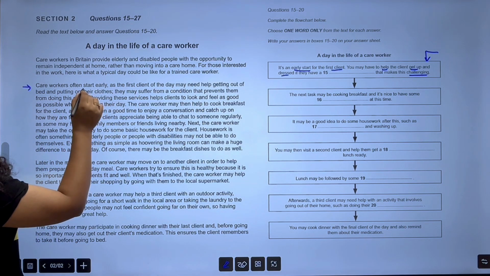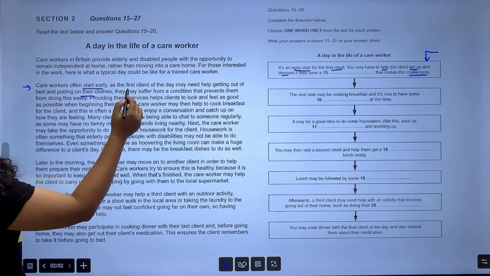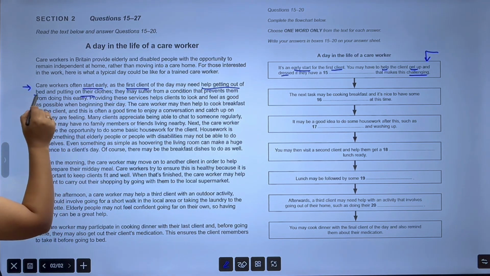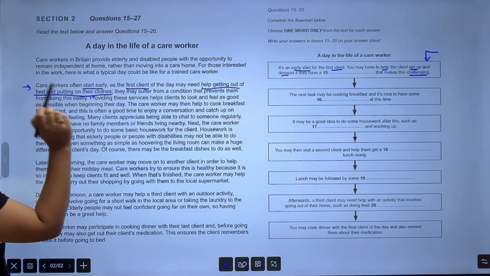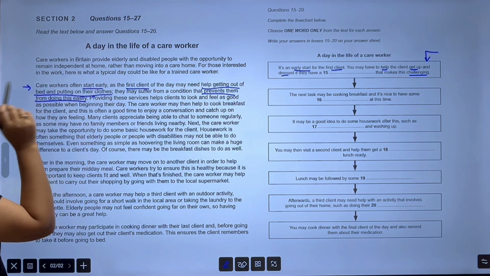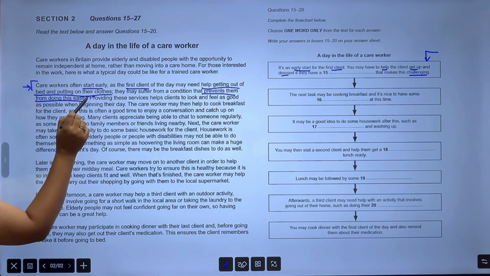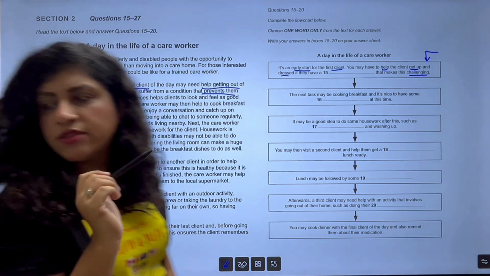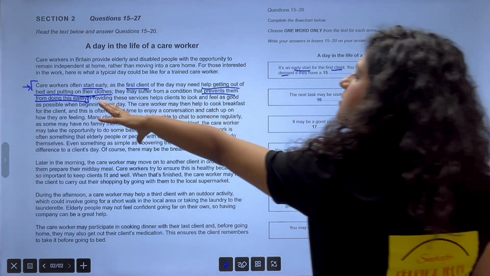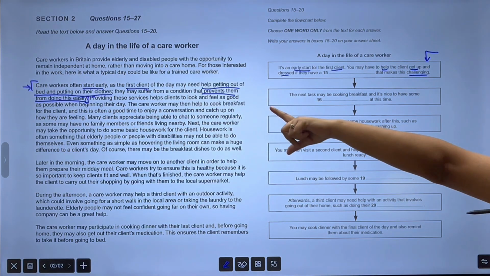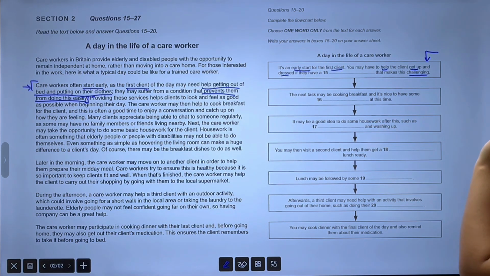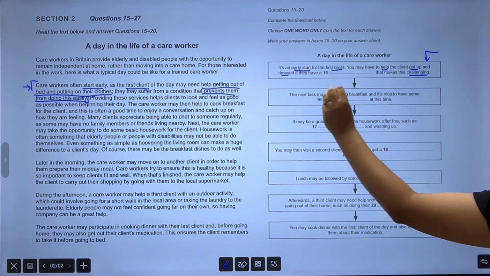You see, start early, first client, help getting out of bed and putting on their clothes, prevents them from doing this easily. So isn't it the same information that's there in the question? These are nothing but paraphrase terms, right? We have paraphrasing. Meaning is still the same. So definitely you have this information over here.